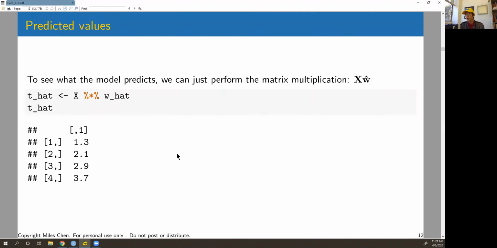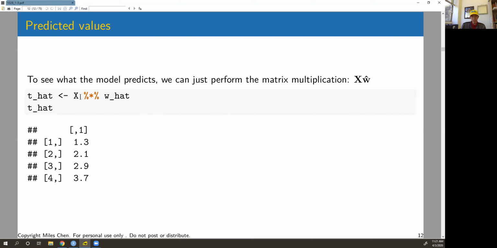If we want to get predicted values, we take our input matrix X, whatever input matrix X is, and multiply it by our parameter estimates, W hat. So we have estimated the intercept and slope to be 0.5 and 0.8.